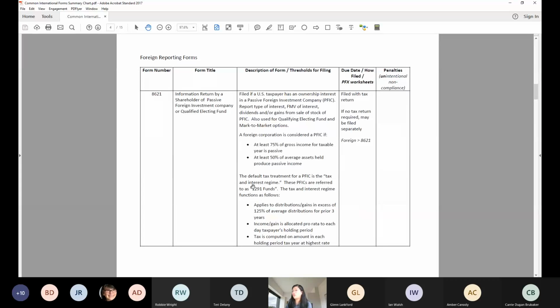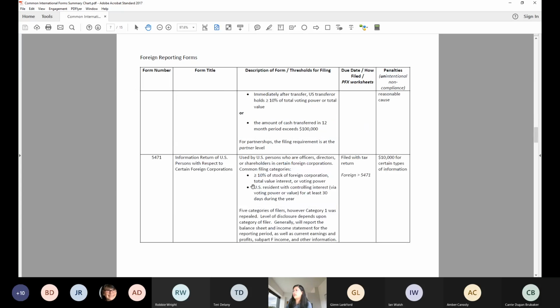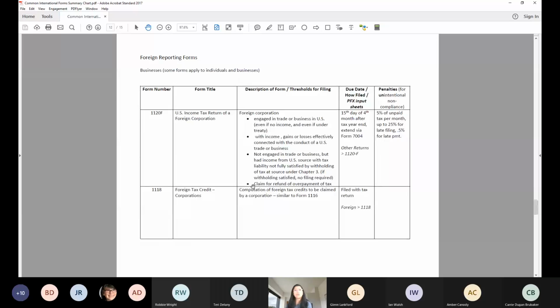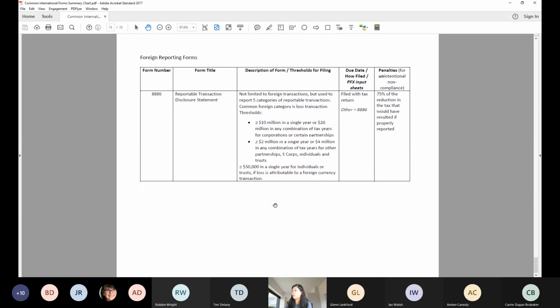So what we have here is just a little summary of the forms that we put together, the more common forms that we see with regards to foreign assets, foreign income, as it relates to U.S. tax filing requirements. Now, there are other forms that were not included in this summary, and I am going to discuss those with you in more detail.